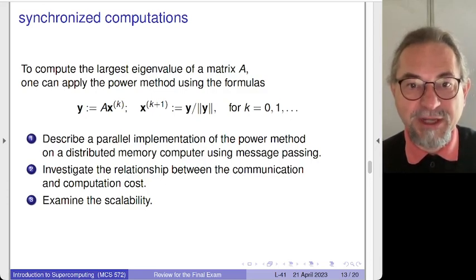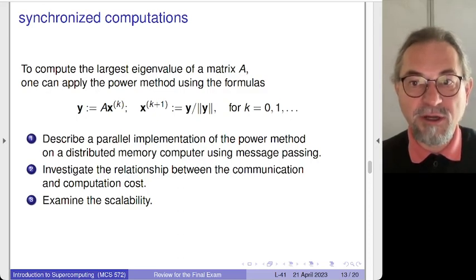So you have the communication cost, mention the butterfly barrier. It becomes logarithmic in the number of processors.